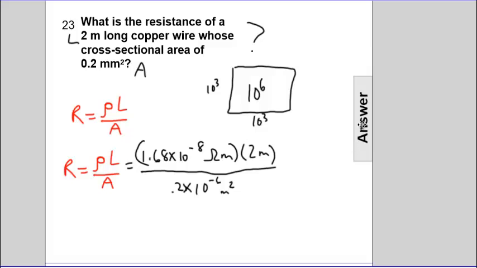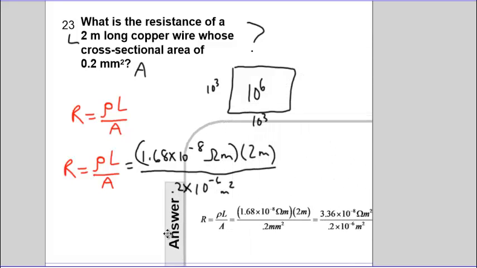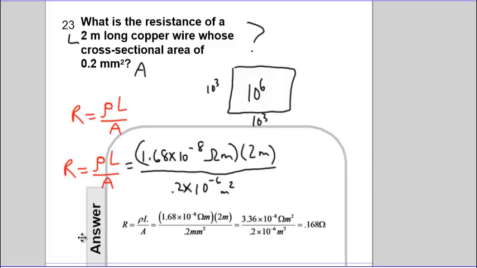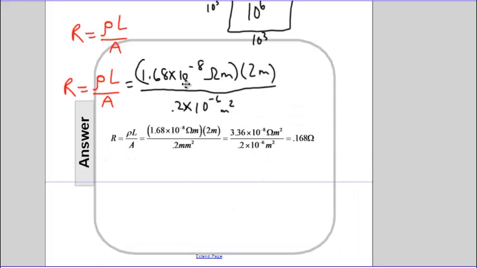Let's reveal our answer just to double check. That's right. Resistivity is 1.68 times 10 to the negative 8. The length is 2 meters.